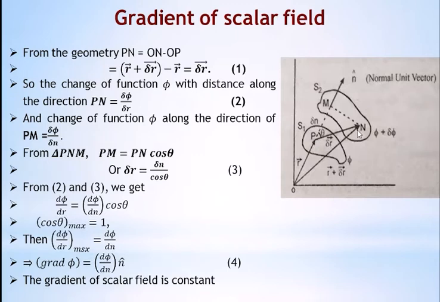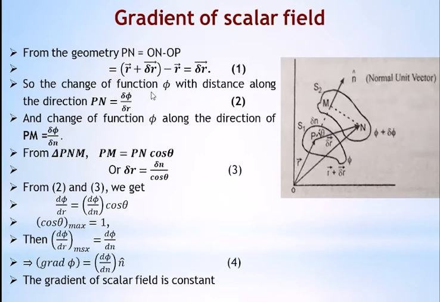This distance is r plus delta r, and if we subtract small r distance, then we get this distance, right? So then PN distance is delta r vector, and we give it the name equation number 1.